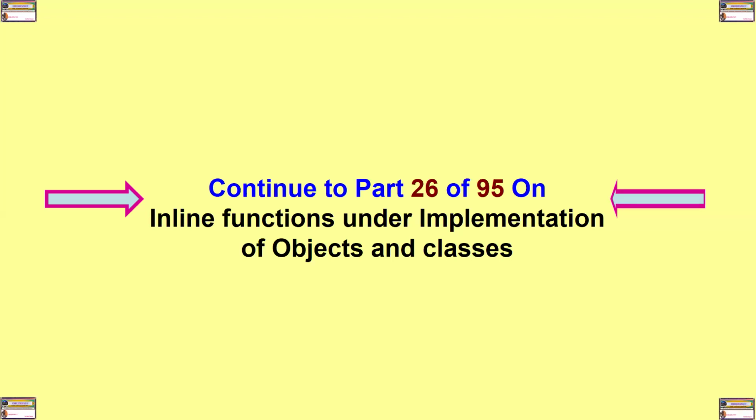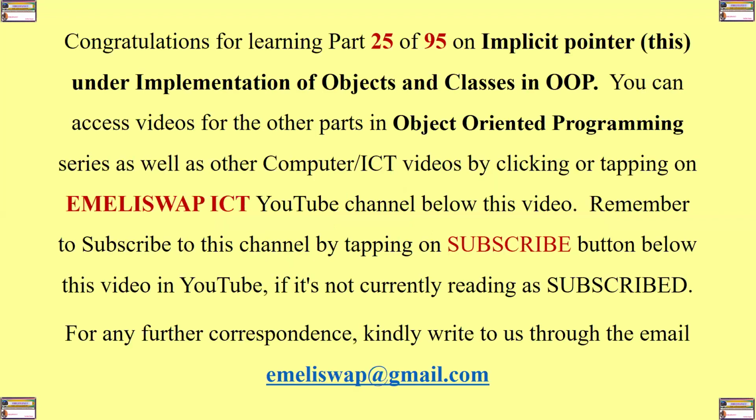You can continue to part 26 of 95 part series, in which we are going to learn about inline functions, still under the implementation of objects and classes topic. Congratulations for learning part 25 of 95 on implicit pointer, or what we call this pointer, and implementation of objects and classes in object-oriented programming.